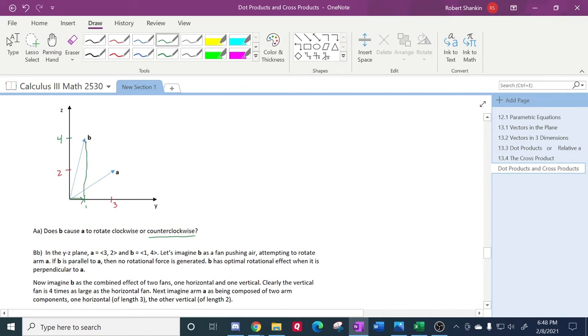The vertical fan is 4 times larger than the horizontal fan. Next, imagine arm A being composed of 2 arms, one horizontal of length 3, and the other vertical of length 2.